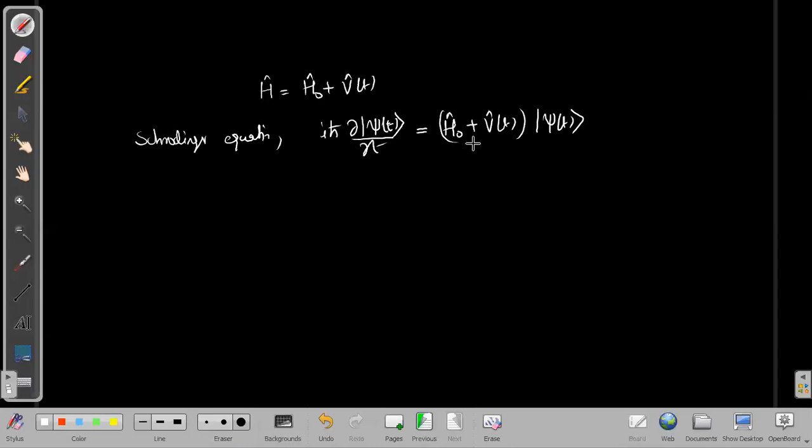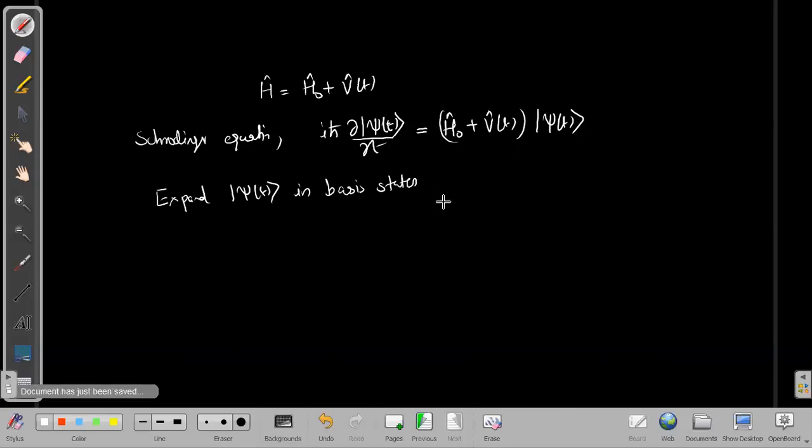For that we have to go for an approximation method. So first of all, we should have a general formalism for it. What we can do is expand psi of t in basis states.